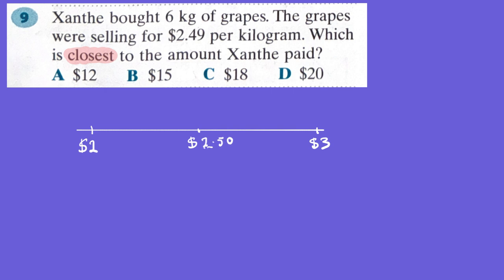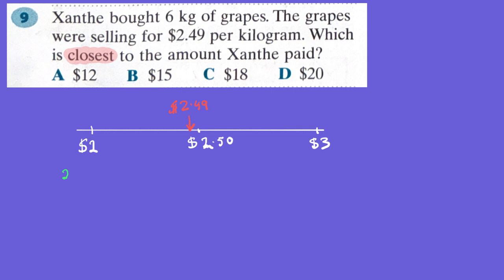This is to show you where it would be. $2.49 will be somewhere here. So if we want a closest estimate, would we use $2 per kilogram? Would we use $3 per kilogram? Or would we use $2.50? Let's just say that we use $2.